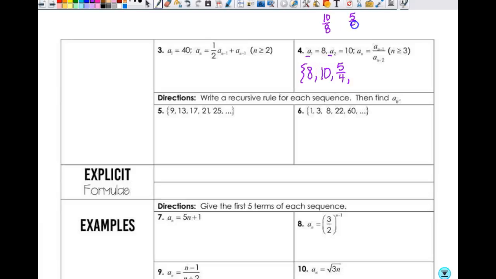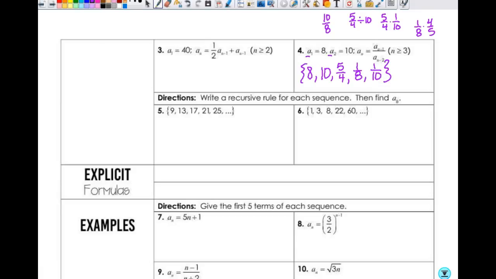So 5/4 divided by 10 is the same thing as 5/4 times 1 over 10, which is going to give me 1/8. And then when I take 1/8 and divide it by 5/4, it's going to be 1/8 times 4/5, which gives me 1/10. Okay, so there are the first 5 terms there.